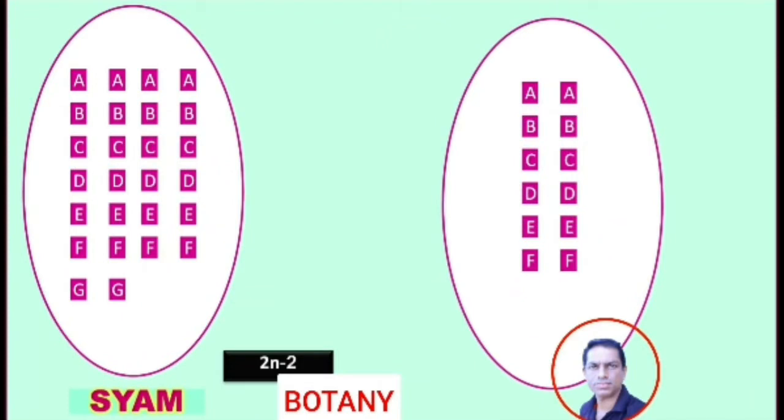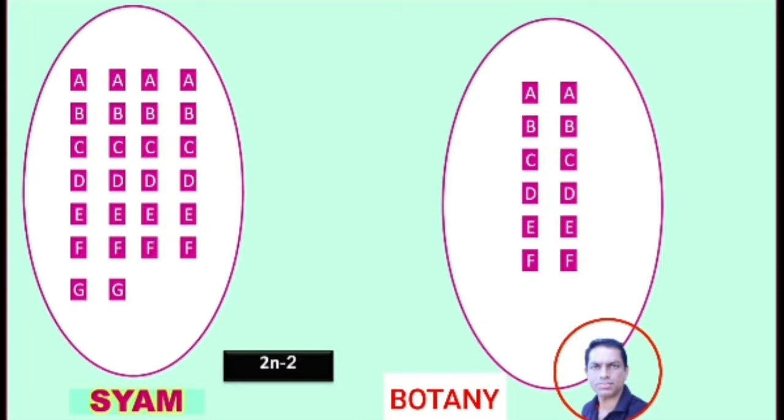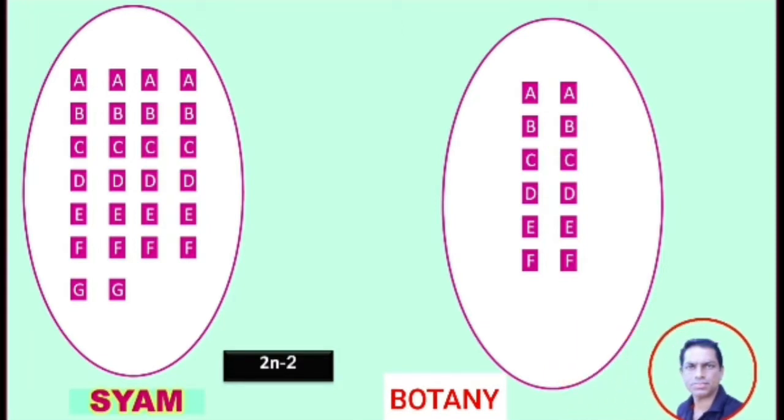So this diagram represents the nullisomic. You see the right hand side picture. Actually in that cell 2 genomes are present.